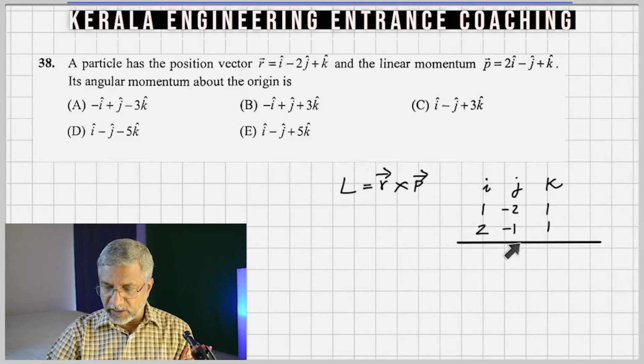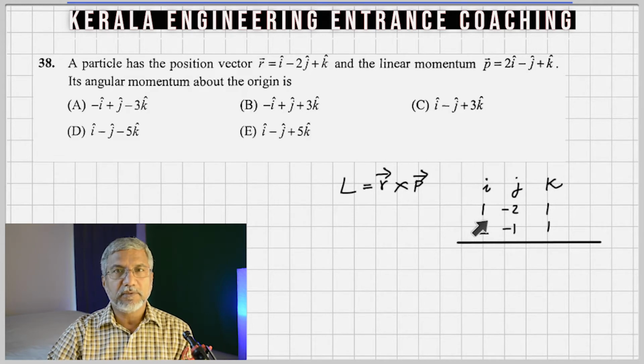Now for j, don't look at these. Do the same thing, but put minus j and then go 1 times 1 minus 1 times 2. Okay, for k, same thing. Don't look at these. Go plus k, 1 times minus 1 minus minus 2 times 2.